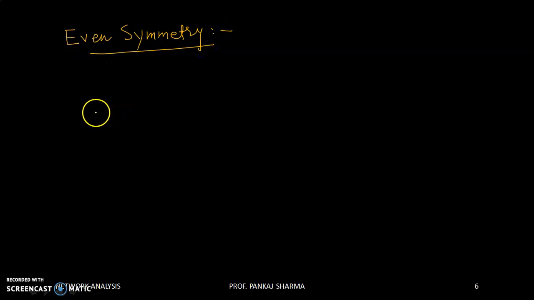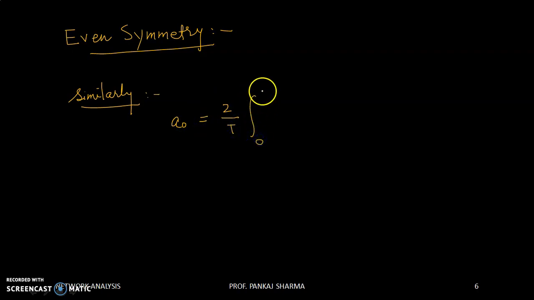For even symmetry, similarly from the previous calculation, we can have A naught is equal to 2 by T integral from 0 to T by 2 of f of t with respect to dt.